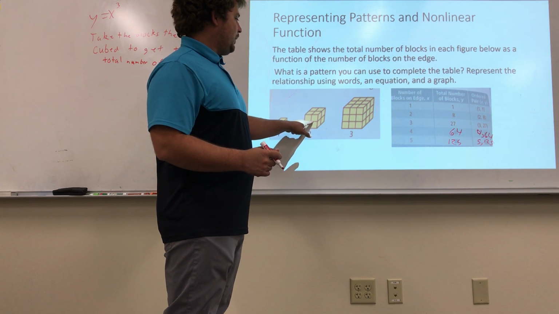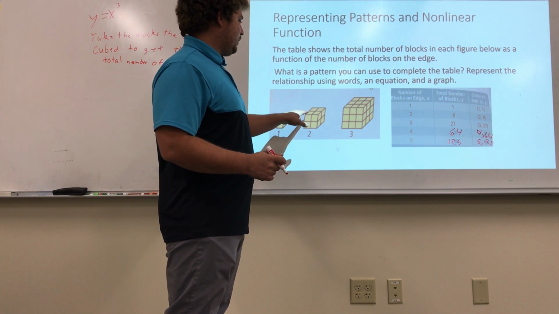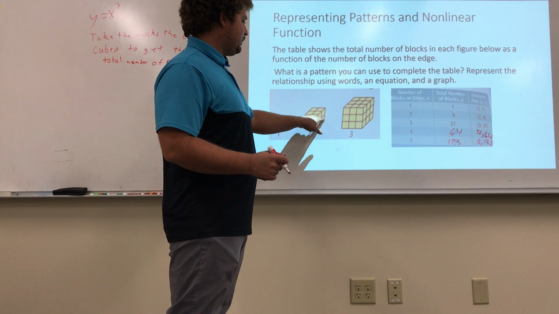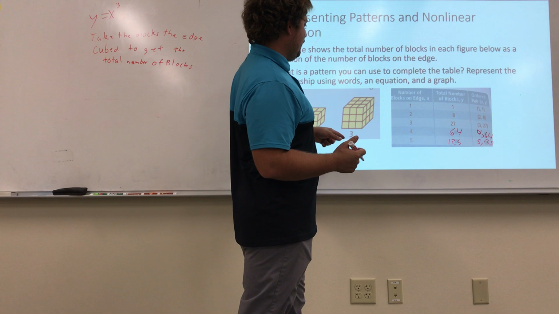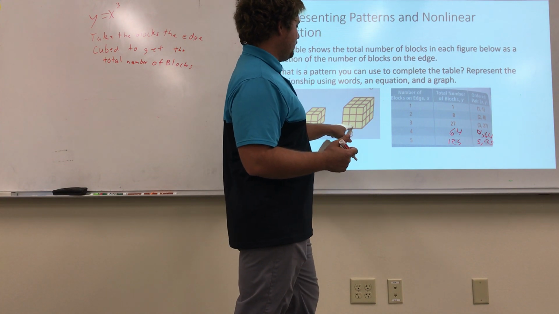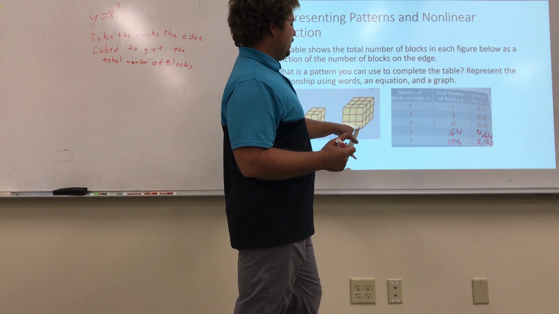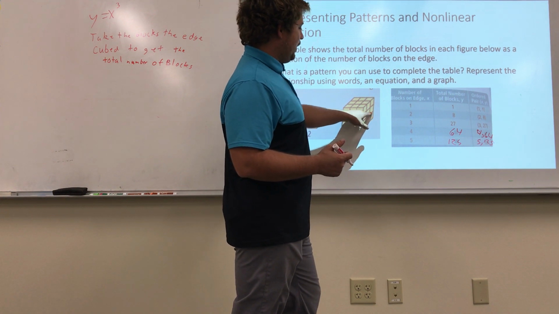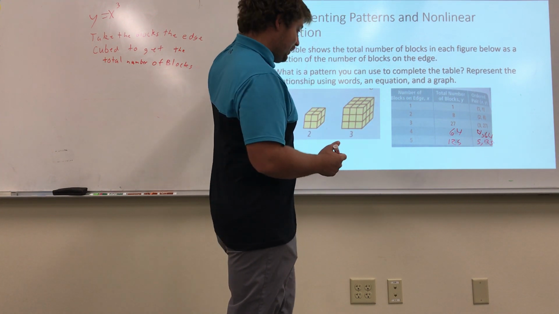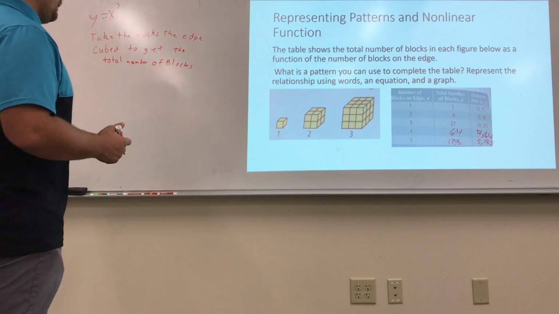We cube that, we get 8. Well, there'd be 1, 2, 3, 4, 5, 6, 7, 8. Works. Alright. Number of cubes on this, on the edge, is 3. 1, 2, 3. Alright. You're going to get another 3, so there's 9 there. 18, 27. It works. Okay? Now graph this.